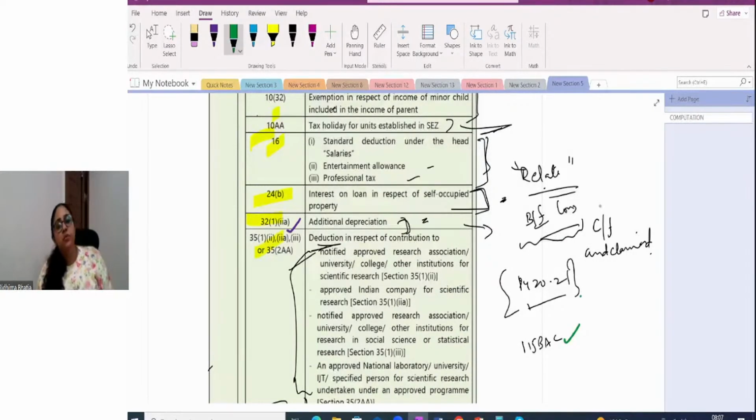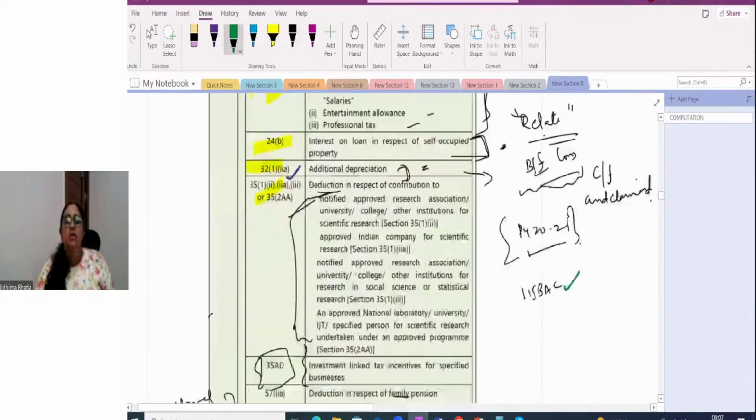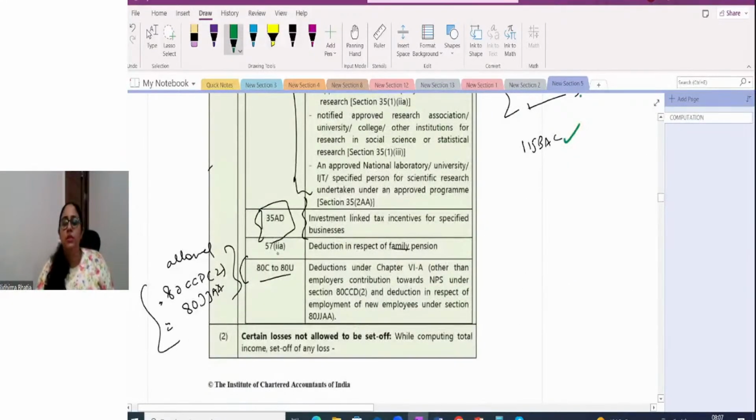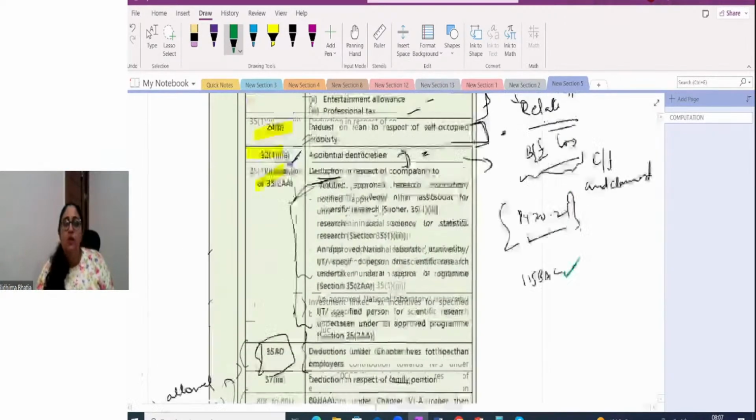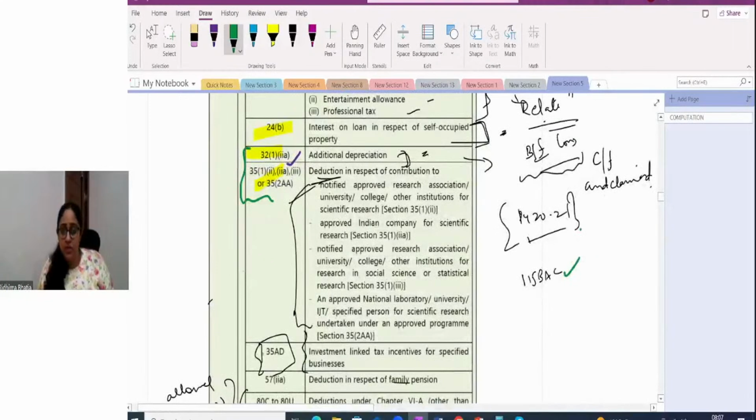And this generally, students, would happen in your PGBP scenario, because in salary, losses don't arise, correct? In other sources, the disallowance is only for family pension etc. Because of that, you will never have a brought forward loss there. So what would cause losses? Generally brought forward losses, if you are opting for them, would be because of 32, 35 and most importantly 35AD, correct? Common sense, yes.